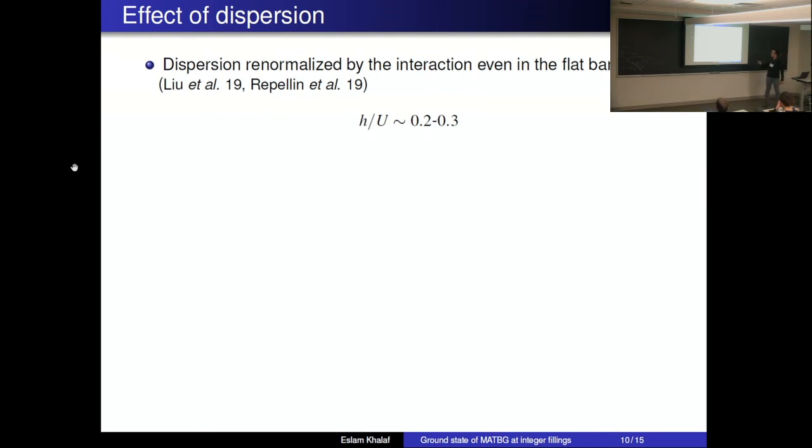And it should be noted that even if the Bayer model doesn't have any dispersion, when we include interaction and do this projection on the flat band, the dispersion gets renormalized. So we actually get dispersion that's renormalized by interaction, and that's usually of the same order of the interaction. But we find numerically that for the relevant range of parameters, this is still small compared to the interaction, around a factor of 3 or 4 smaller.